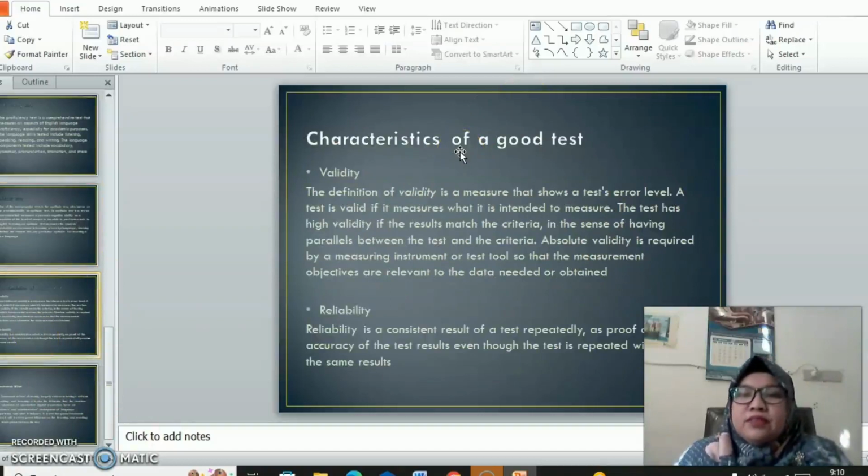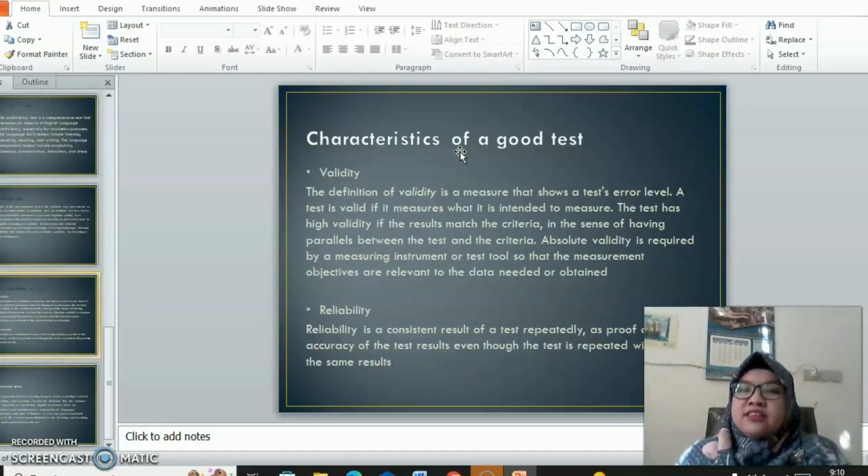Okay, and then after designing or constructing our test item, we have to be sure whether our test item has already been appropriate to use as the measurement tool to measure our students' performance, of course.